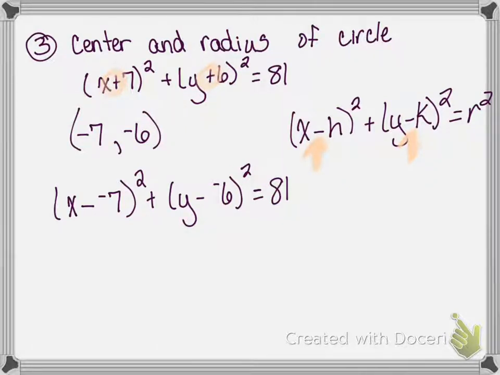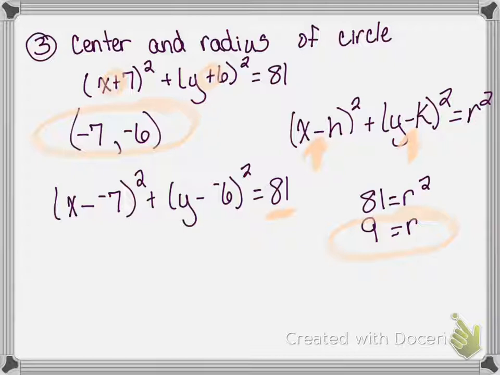Okay, so our center is -7, -6. We look at the 81 for our radius. 81 is the radius squared, so my radius is 9. So my center is -7, -6, and my radius is 9.